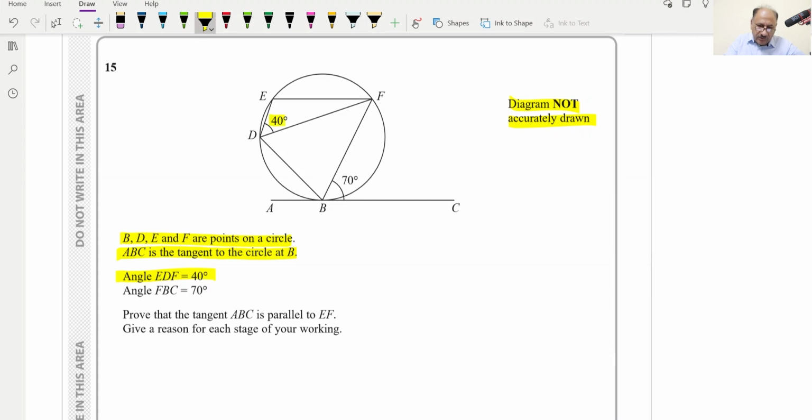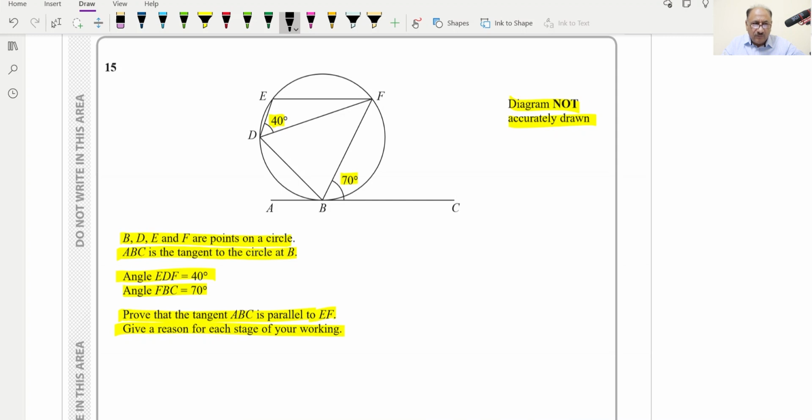EDF is 40, and angle BFC is 70. Prove that the tangent ABC is parallel to EF. Give reasons at each stage. So we have to give the reason, as well as prove that they are parallel to each other.